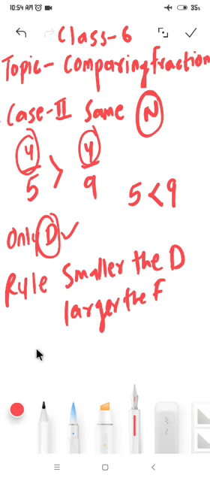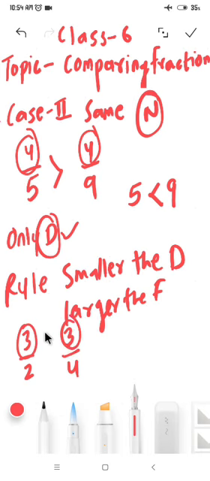Let's take another example. 3 upon 2, okay, and 3 upon 4. In this question, their numerators are the same. Here 3 and here also 3. So you have to look only at the denominator value.